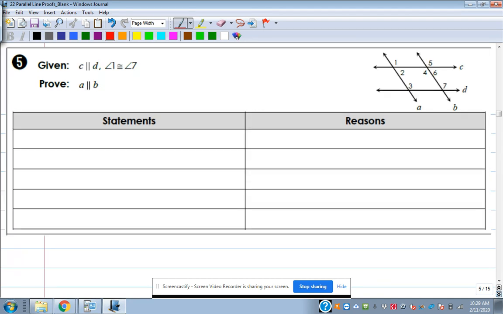So let's try 5. They give us that C is parallel to D and that angle 1 and angle 7 are congruent. So I'm going to write those things on line 1. So C parallel to D, angle 1 congruent to angle 7, given.